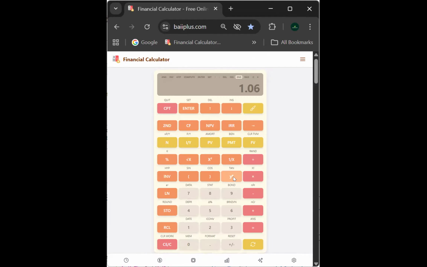1.06 raised to the power 3, inverse, multiplied with 4. I don't understand why it's giving me an incorrect value.